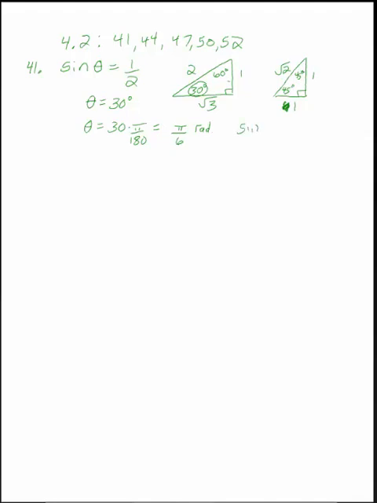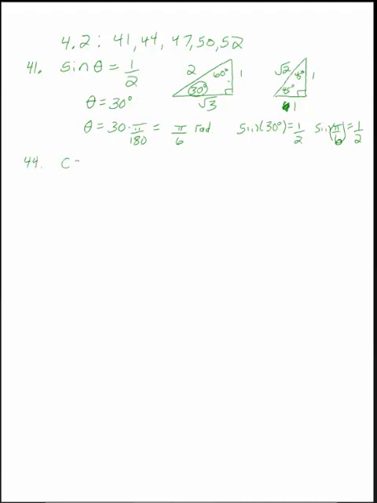So the sine of 30 degrees does indeed equal 1/2, and the sine of pi over 6 does indeed equal 1/2. Those are both true equations. So I'm looking for the theta that makes that equation work. Okay, let's look at 44.